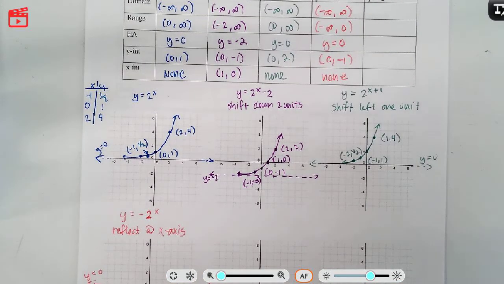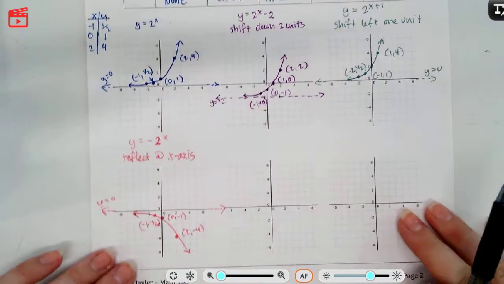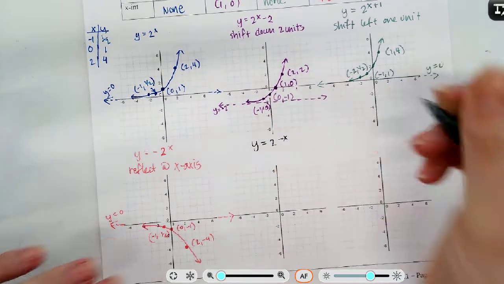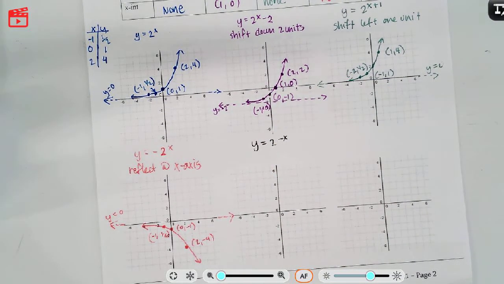Woo, all right, one more to go for this. Let's see, what other color have I yet to use? Did I already use purple? I did. Actually, I haven't used black. Let's go with black. All right, last one. y equals 2^(-x). Okay, so this time the negative is up with the x, which means we're going to be reflecting about the y-axis.